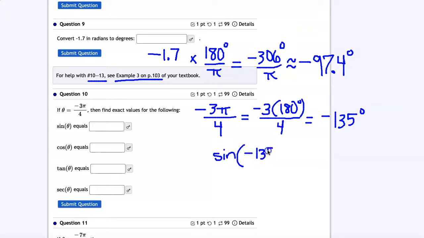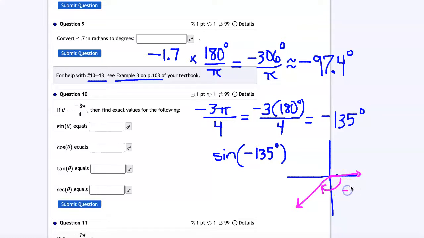Well, first you would want to draw this on the unit circle. Here's your initial side. The vertex is located here, and then your terminal side is down here because we are going in a negative direction.